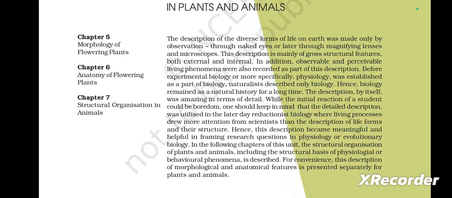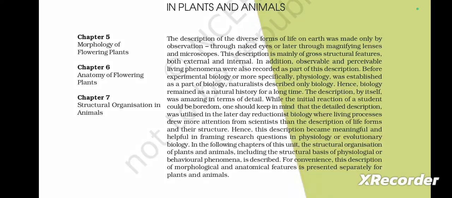The description by itself was amazing in terms of detail. While the initial reaction of a student could be boredom, one should keep in mind that the detailed description was utilized in the latter day reductionist biology, where living processes drew more attention from scientists than the description of life forms and their structure.